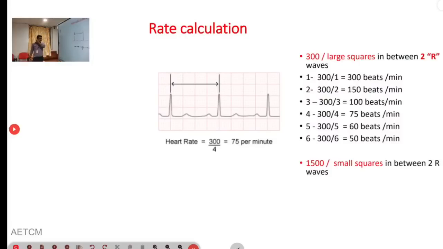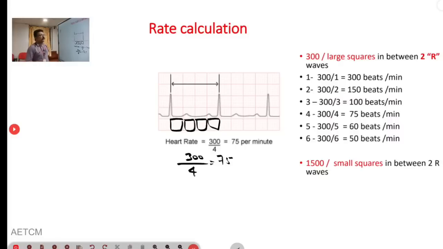Now when you say sinus rhythm, the immediate next step is calculation of the rate. There are easy methods to calculate the rate. One is, you can see the large squares here, 1, 2, 3, 4. 300 by 4 will give the answer 75. Suppose it is 5, then 300 by 5 is around 60. If it is 6, 300 by 6 gives 50.